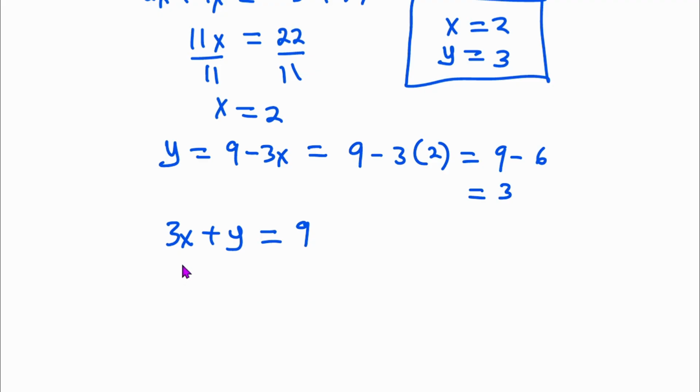So let us substitute. X is 2, so we have 3 into 2 plus y is 3. So we check if this will give us 9. So 3 times 2, that is 6, and 6 plus 3 is actually 9. So it means our solutions are right.